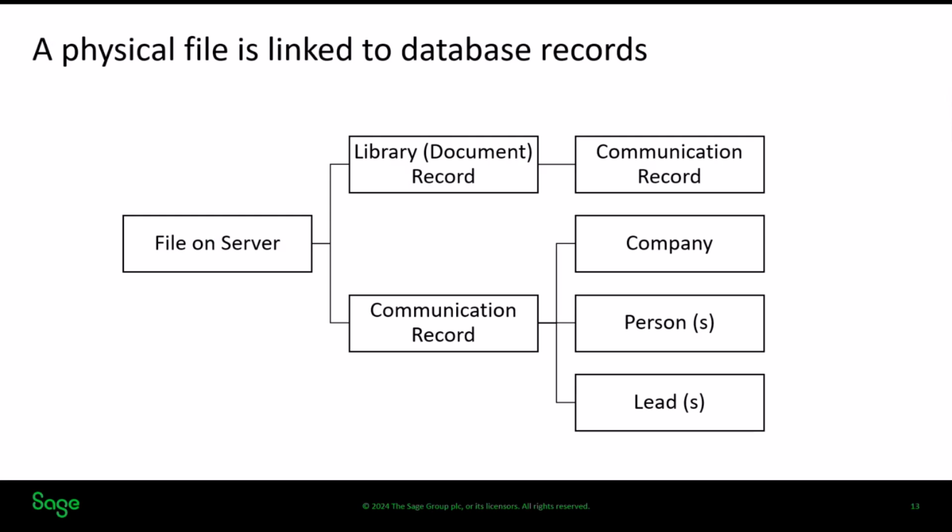And if we look at what's going on here, we know that there must be a file on the server because we've already loaded that and shown that inside our browser and downloaded it from the server. We know that we have got the idea of a library record because we're looking at those separately, and we know that we're looking then at a communication record, and we can see that a library record is linked into the communication record, which itself can then be linked into the context of a company, a person, and a lead.